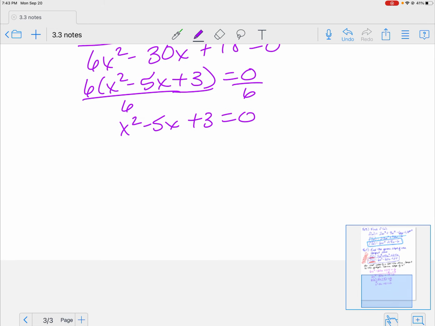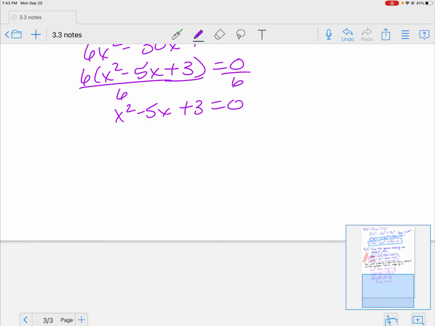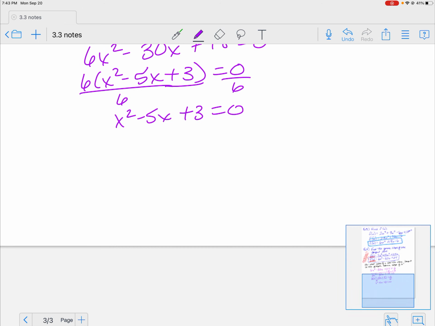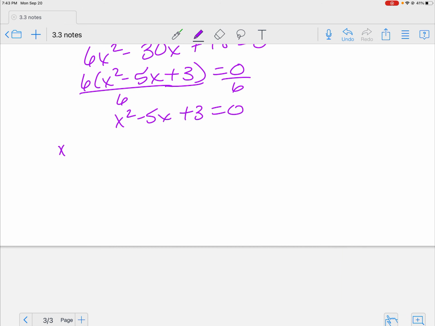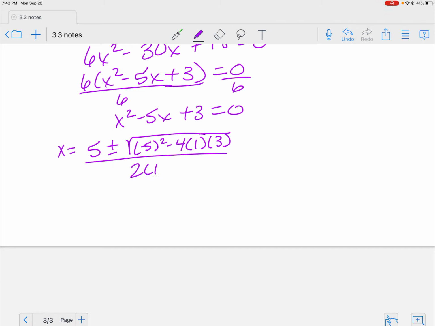Because if we can't factor, we know quadratics. What's another way you can solve a quadratic? The quadratic formula. You're exactly right. So let's do this thing. So x is equal to negative b, right? And our b is here negative 5. It's already negative. So I've got 5 plus or minus the square root of b squared minus 4 times a times c, all over 2a.